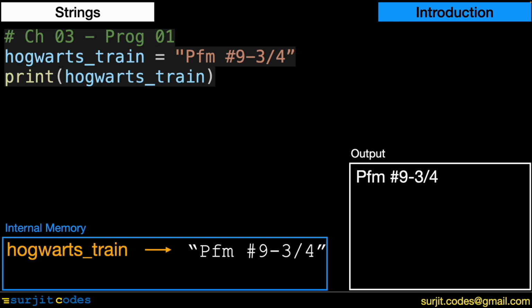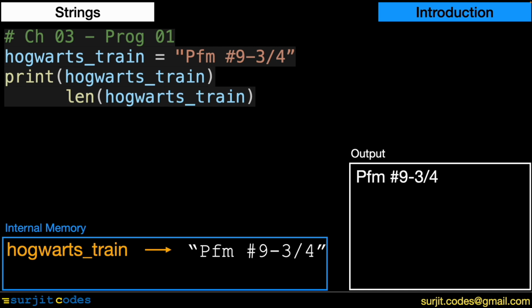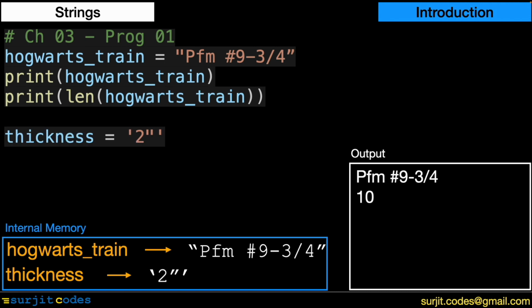A string is an ordered arrangement of characters which includes alphabets, digits, spaces, punctuation marks, arithmetic symbols, and many more special characters. The len function returns the number of characters in the string. Spaces are also counted as characters, so the length of Hogwarts train is 10. We print it. We can also write a string within single quotes.